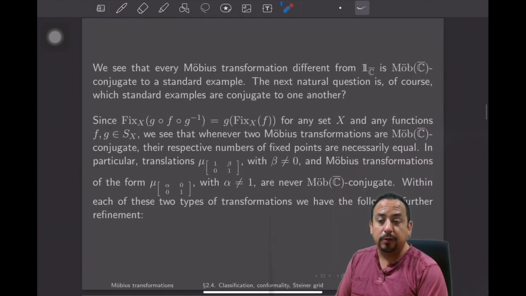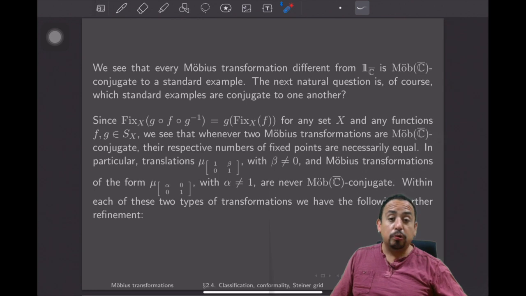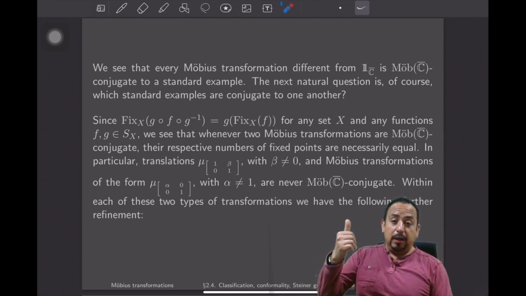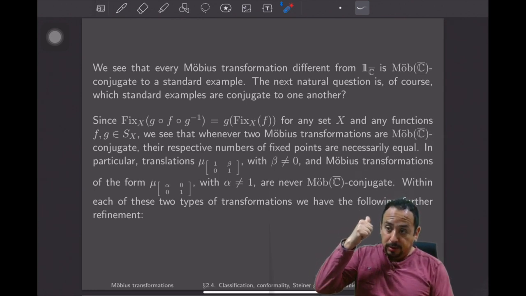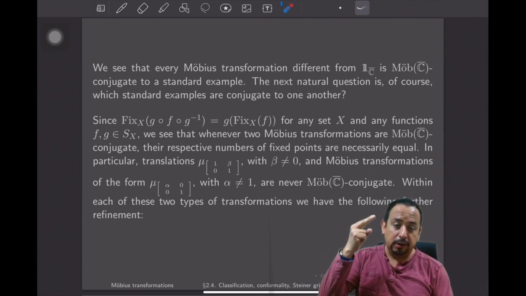All right, so now we know that every Möbius transformation is conjugated to a standard example. The two crucial points were, well, one, the number of fixed points of a Möbius transformation different from the identity is either 1 or 2, right? Exactly 1 fixed point or exactly 2 fixed points. That's the first crucial fact.